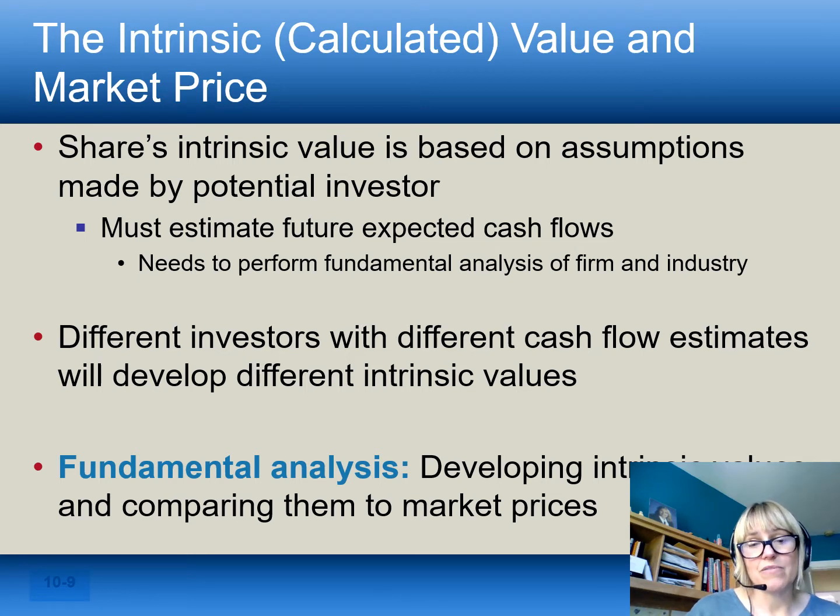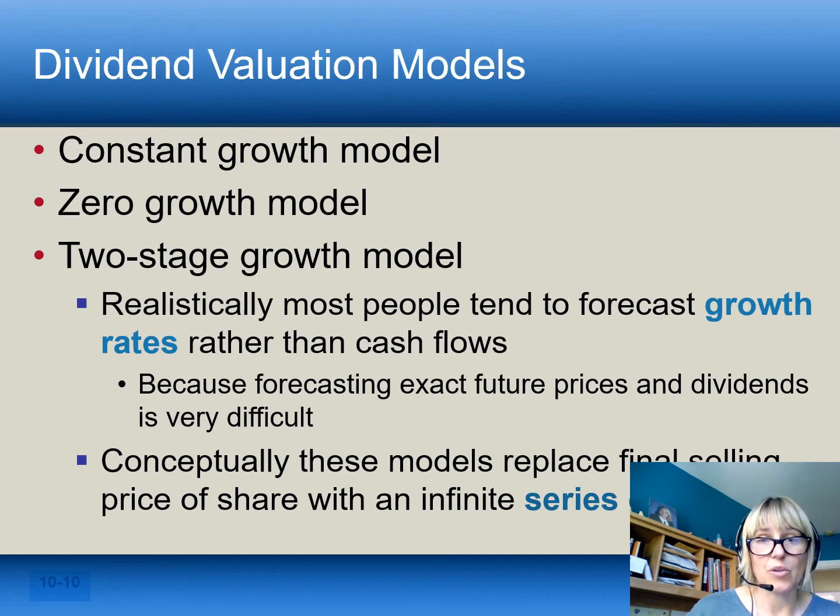Fundamental analysis says, let's take those cash flows, discount them to a present value, and then compare that to today's market share price for whatever company stock we're analyzing. As we discussed on Wednesday, there are a few different models we can use. Constant growth, meaning we expect a steady percentage of growth per year. A zero growth model, where we're not expecting growth at all.